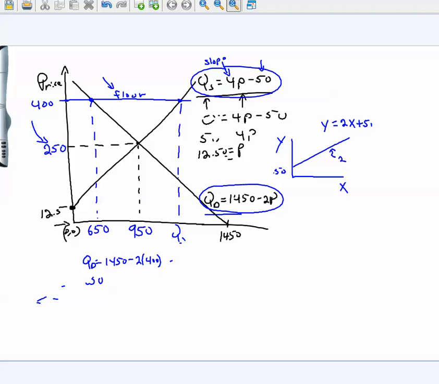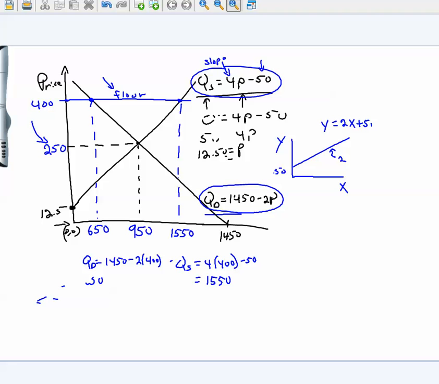Similarly, the quantity supplied would be 4p, and p is 400, minus 50, and that would work out to be 1550. Hope my math is right. 1550. So I'm going to erase this quantity supplied and put the 1550 there.